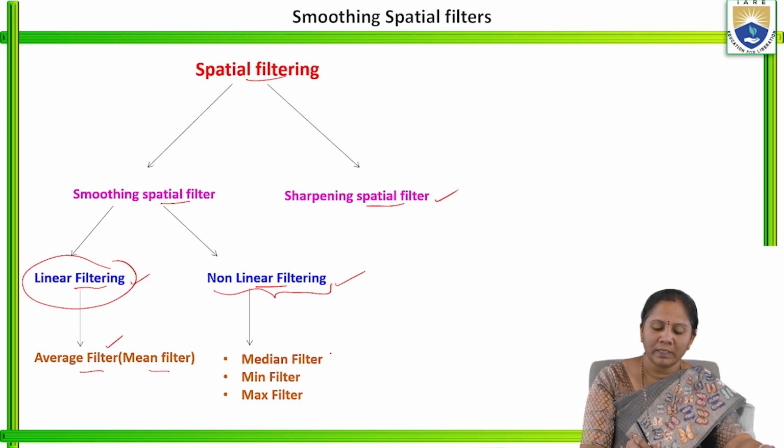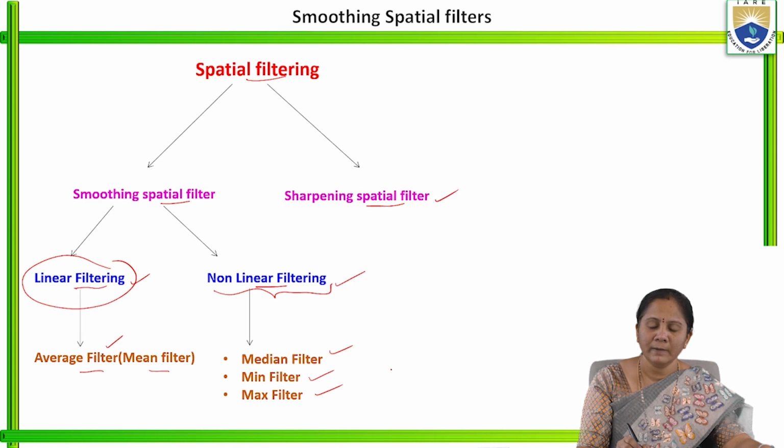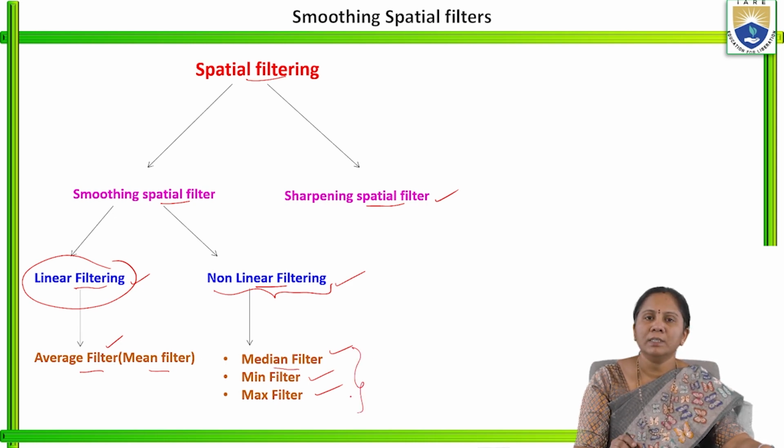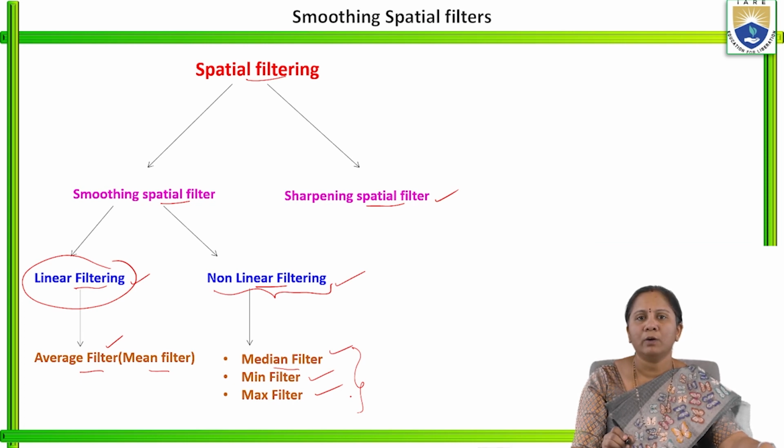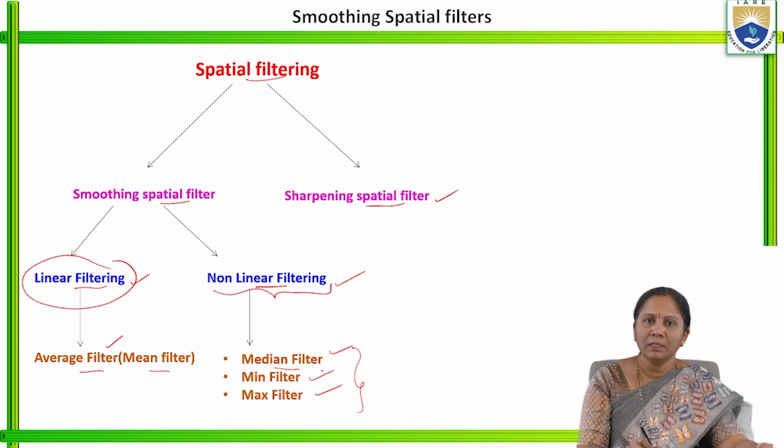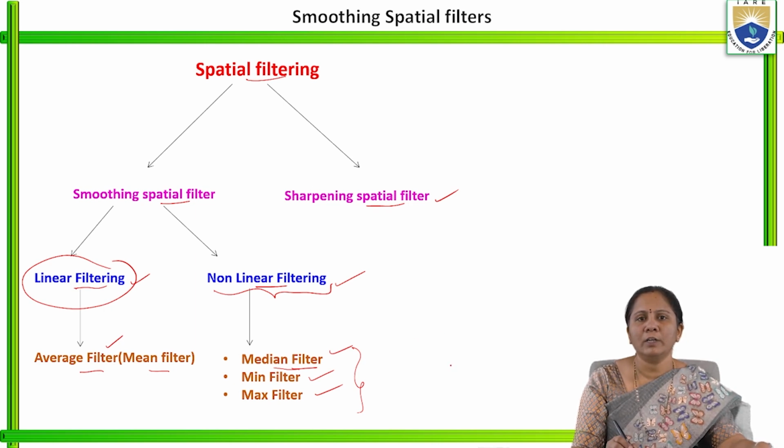There are three types: median filter, minimum filter, and maximum filter. In all these filters, first we have to sort the given pixel values in ascending order. After that, in the median filter, the center pixel value is replaced with the middle value in the ascending order.